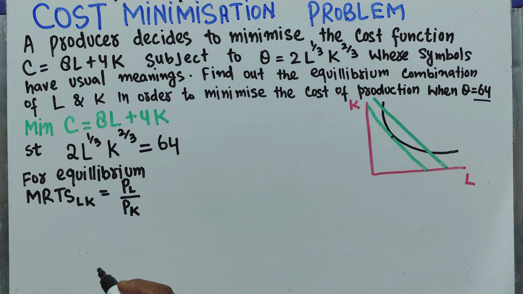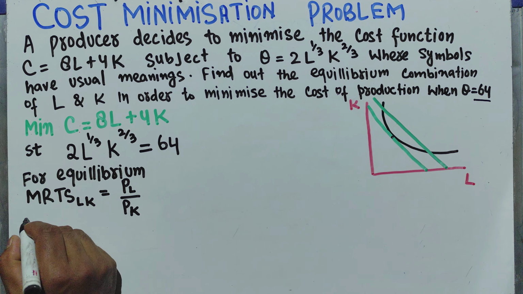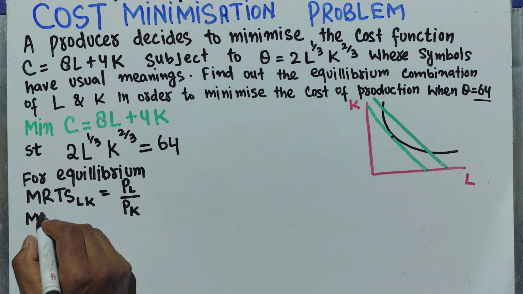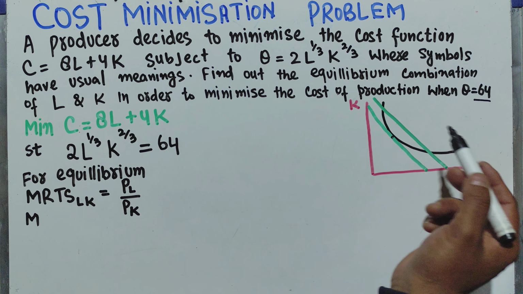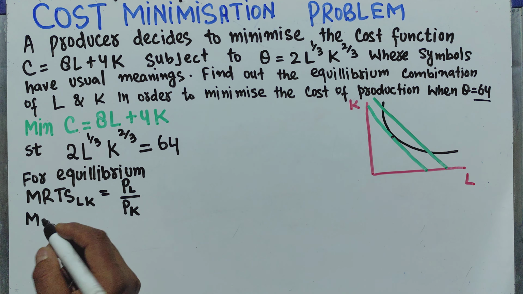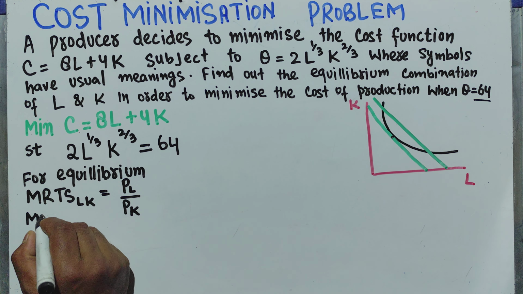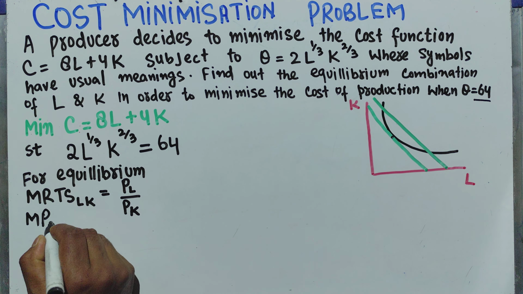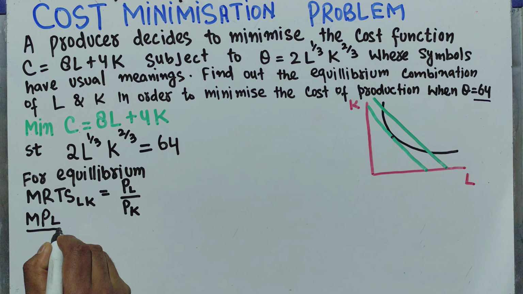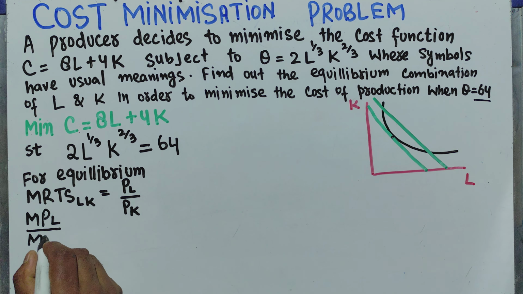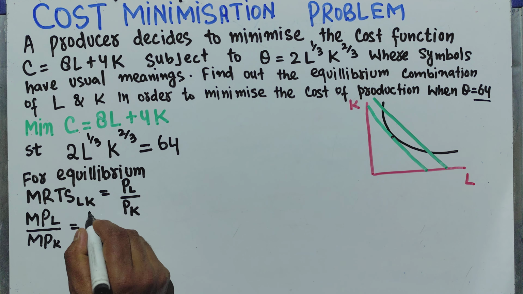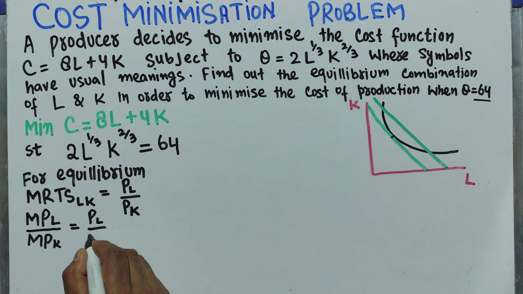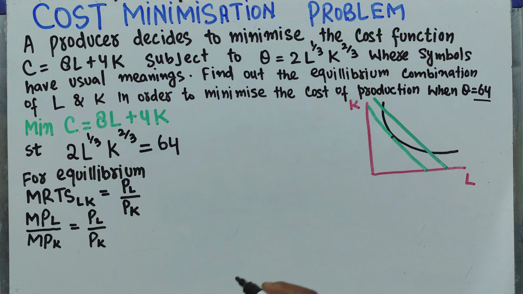Now what is MRTS? It is the slope of this isoquant, which is being denoted by black color, which is equal to the ratio of the marginal product of labor upon marginal product of capital, and it should be equal to the input price ratio, that is price of labor upon price of capital here.